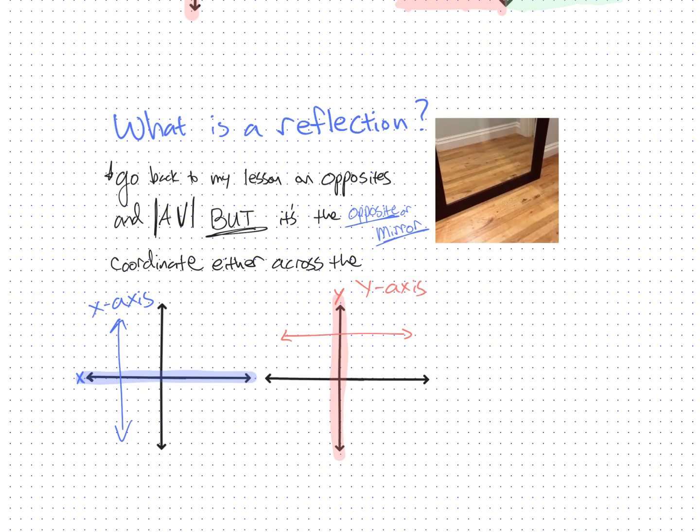So there's a couple different ways that we can say this, whether reflected across the x-axis or reflected across the y-axis or reflected vertically or reflected horizontally.